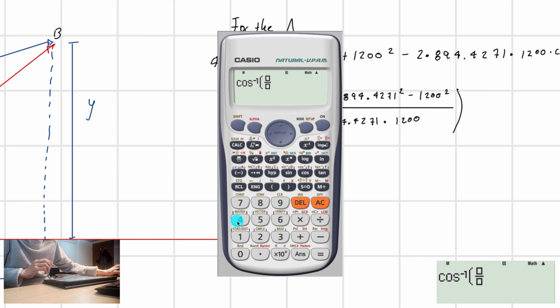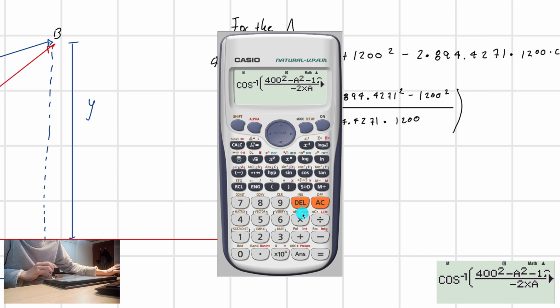So 400 squared minus A, remember that I've saved the value of 894.4271 within the A part of the calculator, squared minus 1200 squared divided by -2 times A, correct, times 1200.